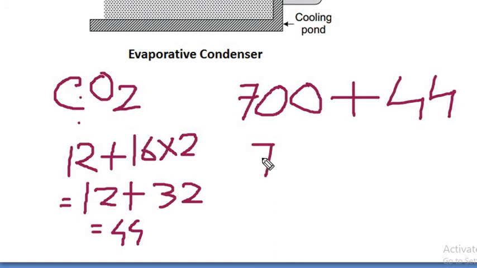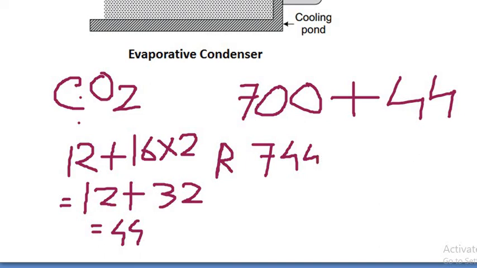This is 744. Okay. So what will be the refrigerant name? R744. Okay. This is the formula. This is the way that we can write the refrigerant name in numbers.